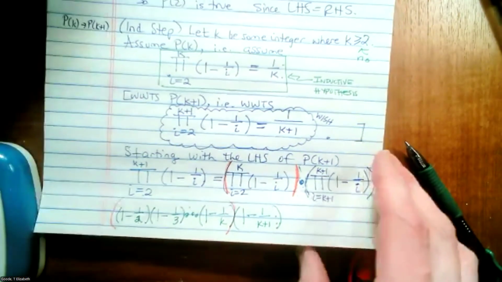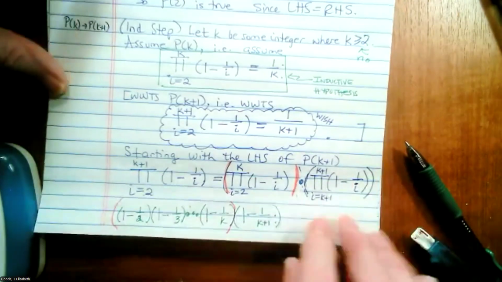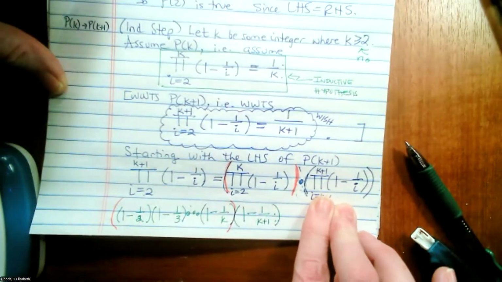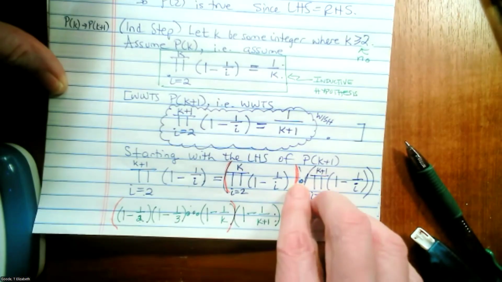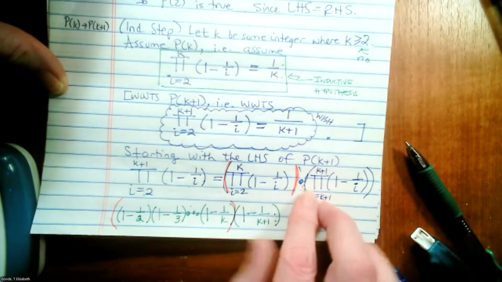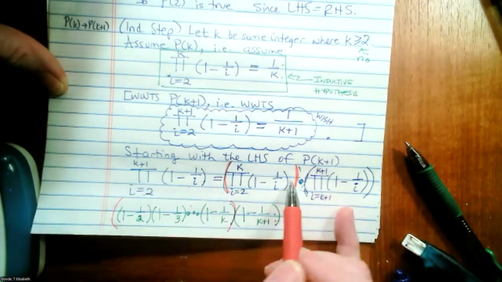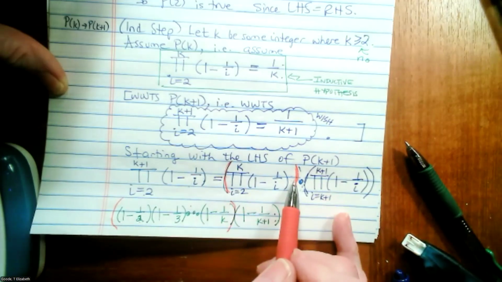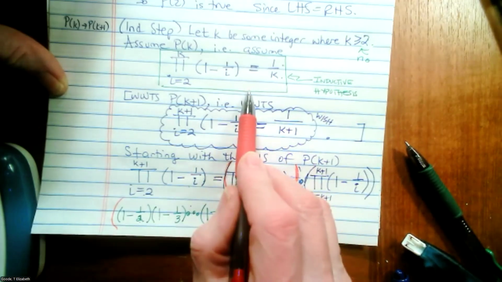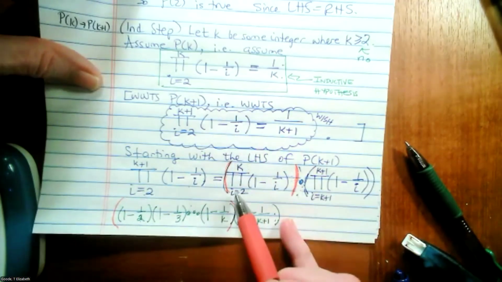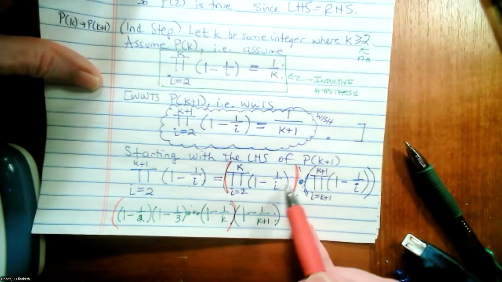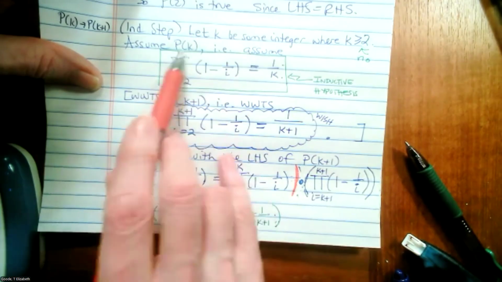Okay. Well, that's why we learned that skill of breaking off the last factor, or if it's a sum, you break off the last summand, and this is a plus instead of a times. But the reason we do it is, inside the red here, the product from I equals 2 to k of this expression is equal to 1 over k, according to our inductive hypothesis.